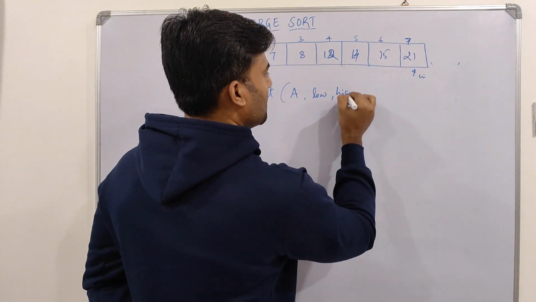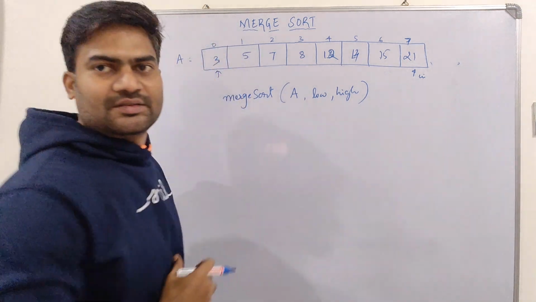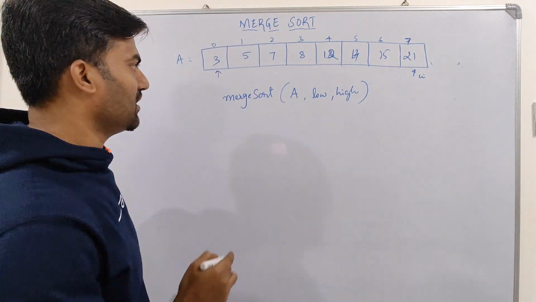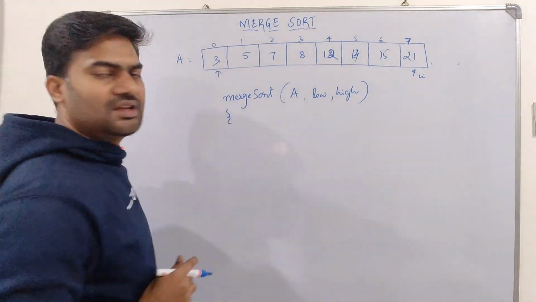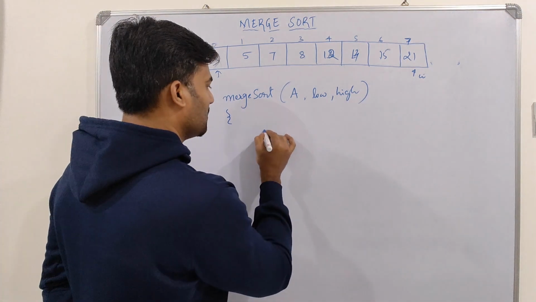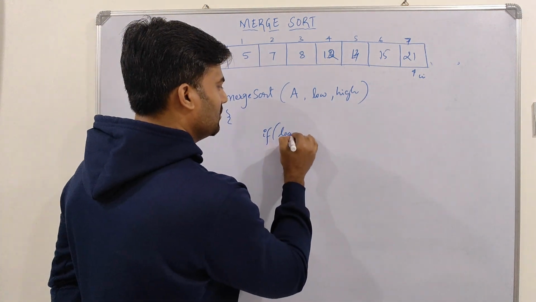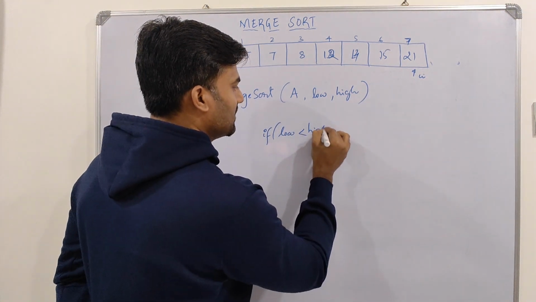So comma high. This is the initial thing what we need to pass. Then what I will do: if my low is less than high.